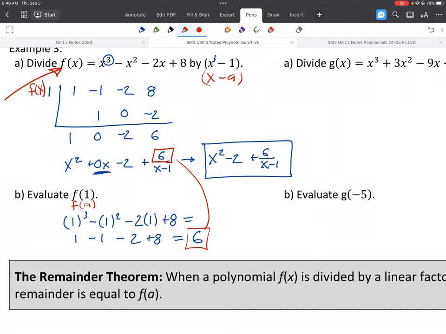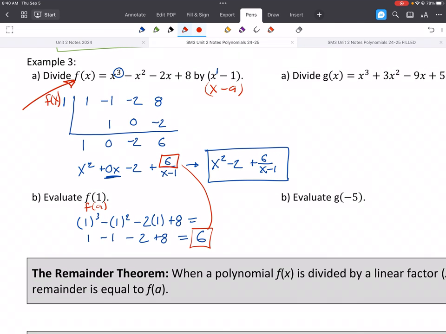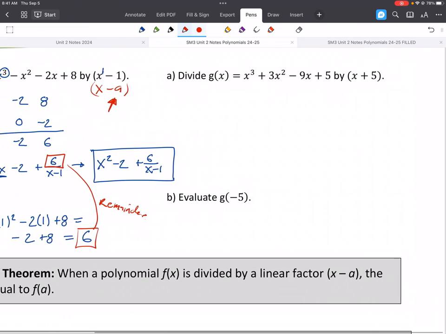It's basically saying that if you evaluate the zero of this factor, which is 1, if we plug 1 into the equation, it will give you the remainder. So if you're ever asked to find the remainder, you could do synthetic division, or you could just evaluate it at its zero. All right, let's try this next one.